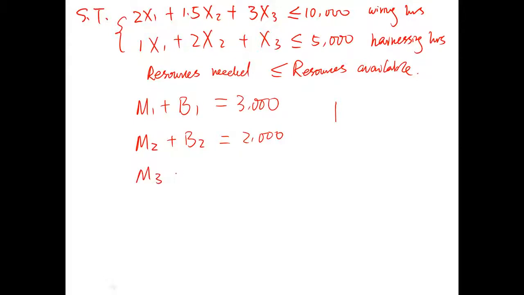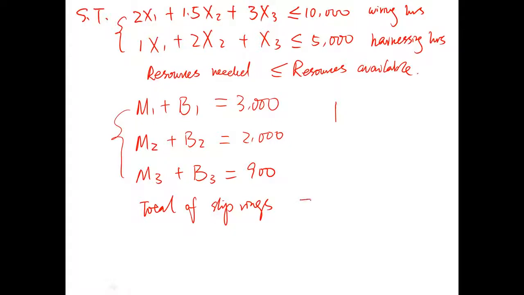The number you make and the number you buy for Model 3 should be equal to 900. Okay, so this is the second group of constraints, meaning the total of lip rings should be equal to the order number.